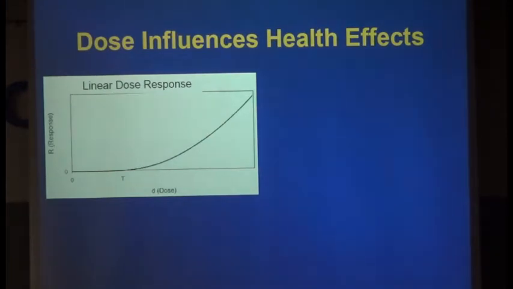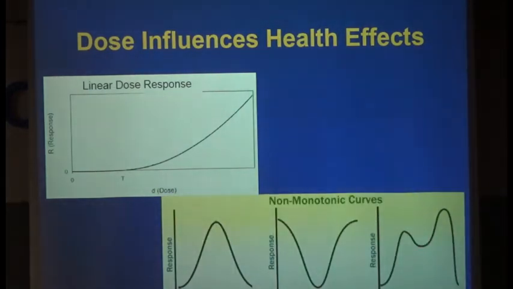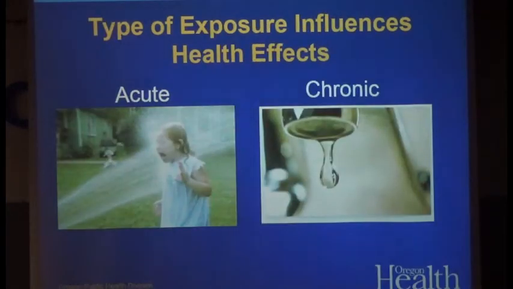The easiest type of relationship to understand is this kind, where it's a pretty linear dose response, where every increase in dose correlates with an increase in the response, or the illness. Many chemicals follow this pattern, but there are also a lot that have different shapes of dose-response curves, where at a higher dose you have less effect than you have at a lower dose, and it's not always predictable. And those kinds of relationships are harder to understand.